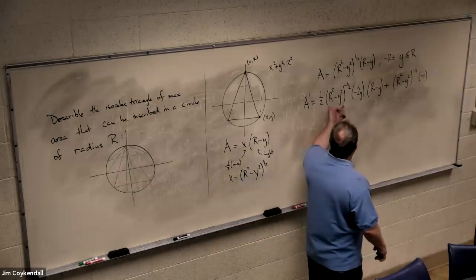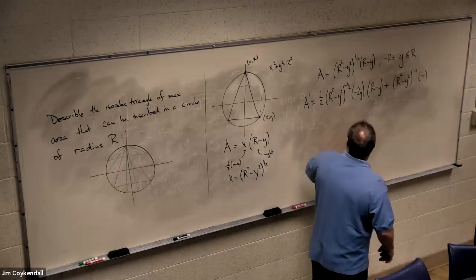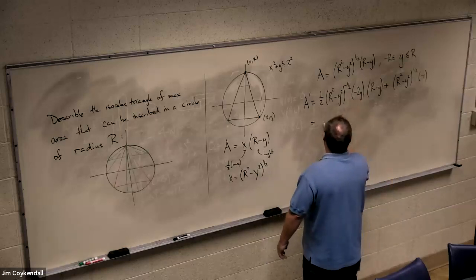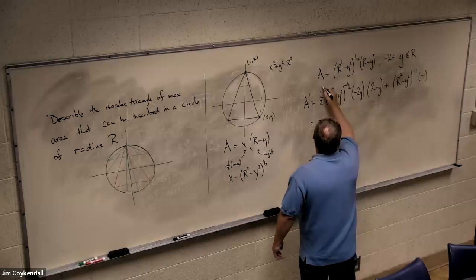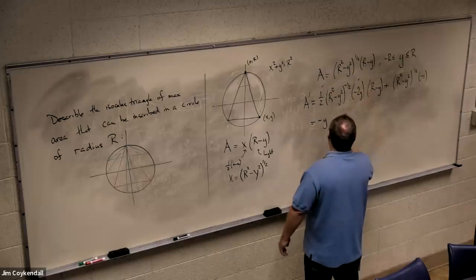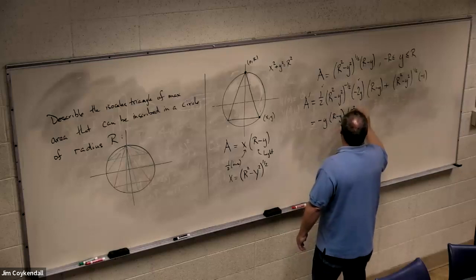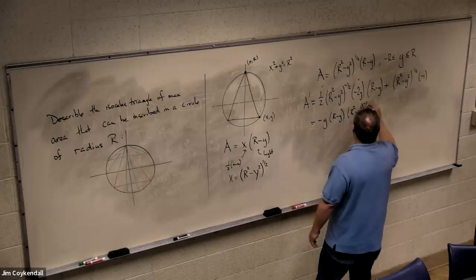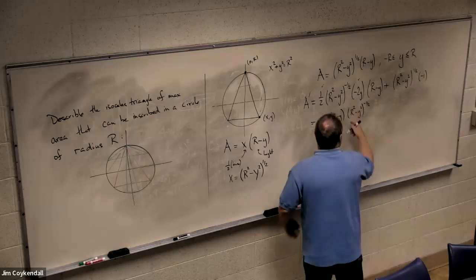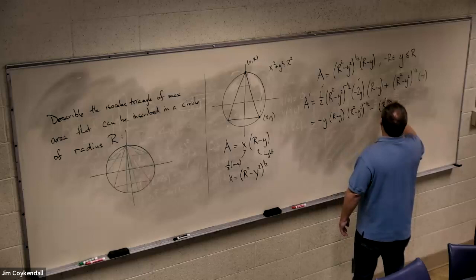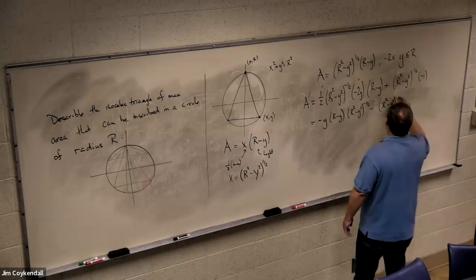I tell you what I'm going to do. I'm going to pull out just a little bit. This here is minus y, r minus y, times (r squared minus y squared) to the minus 1/2. Let's set that up a little bit: minus (r squared minus y squared).